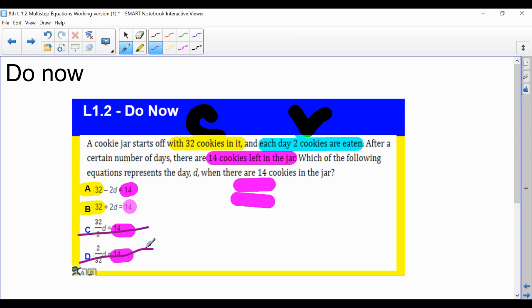So these two we're going to cross out. And then if we're eating cookies, we have to think about, okay, are we adding cookies into the cookie jar, or are we subtracting cookies from the cookie jar? And obviously, if we're eating them, we're subtracting cookies from the cookie jar. So we know for this one, A is the correct answer.